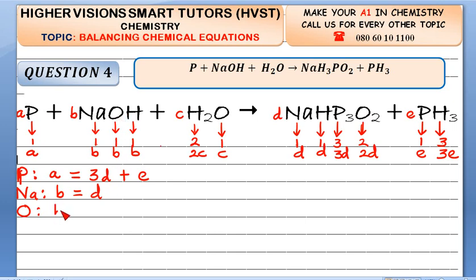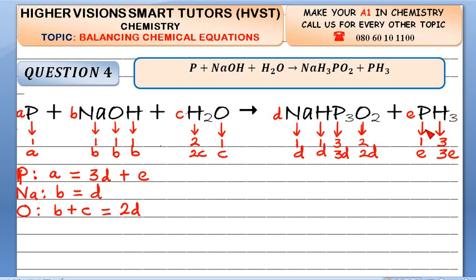B. Still on the reactant side, we have another one, C. That's B plus C. There's no oxygen atom on the reactant side again, so I move on to the product side now. For the product side, oxygen, this is 2D. Then there's no oxygen again. That's all about oxygen. I think we have exhausted all the elements present.